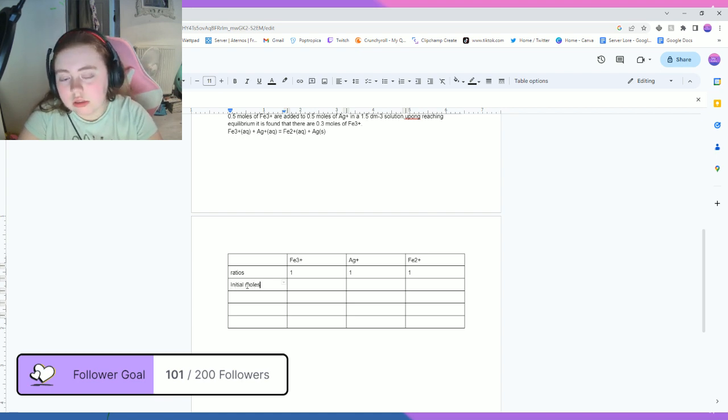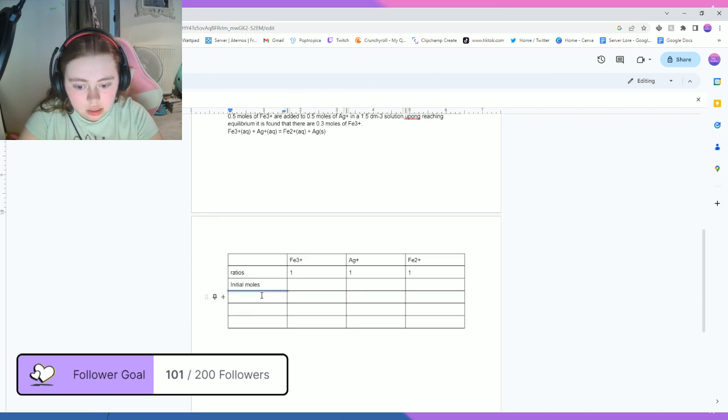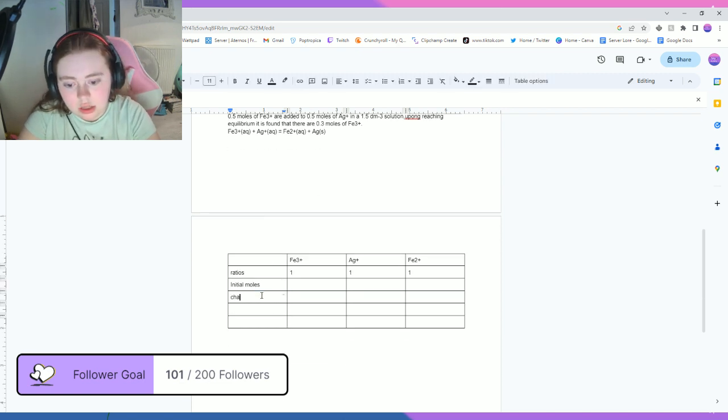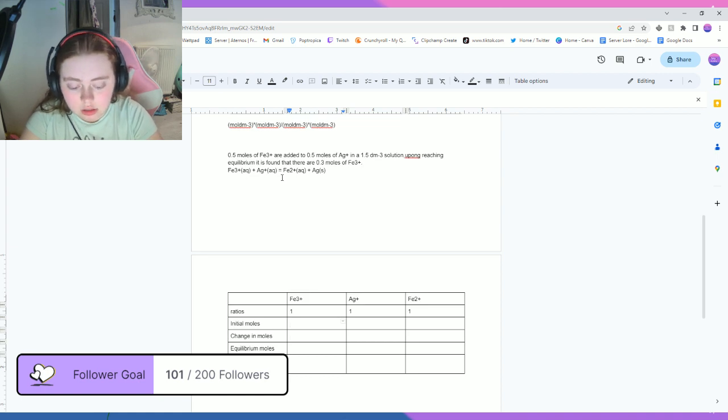Then we need initial moles, which are these ones right here, so 0.5 and 0.5. Initial moles, the change in moles, equilibrium moles, and the equilibrium concentration. The initial moles for Fe3+ are 0.5.